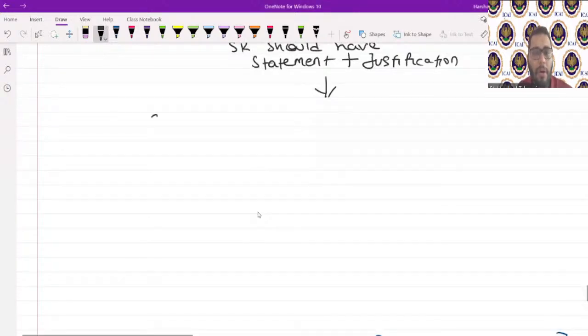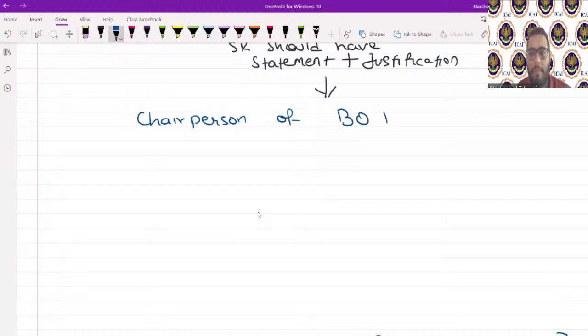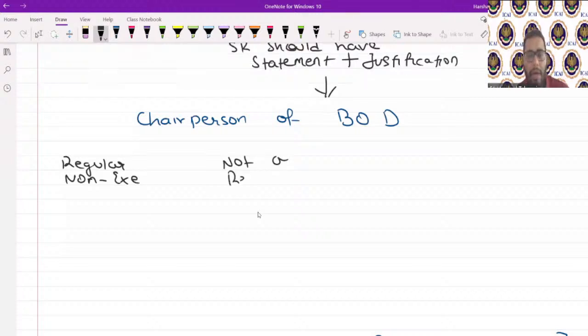So now we are talking about the chairperson of the BOD. The chairperson of the BOD can either be a regular non-executive director, or he cannot be a regular non-executive director.